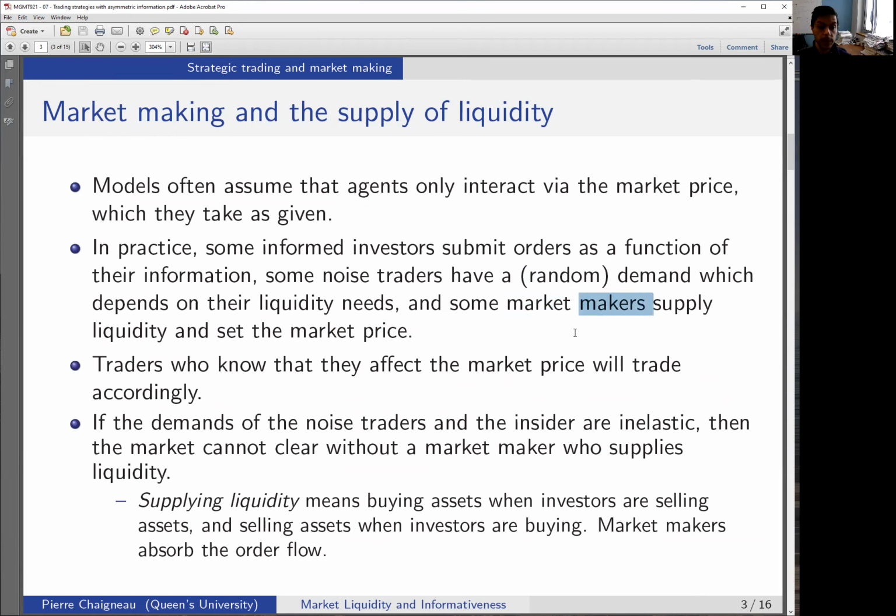And they will supply liquidity. They supply liquidity because they absorb the order flow. So they're going to buy when investors are selling and to sell when other investors are buying. So they are supplying liquidity, whereas other investors are demanding liquidity.